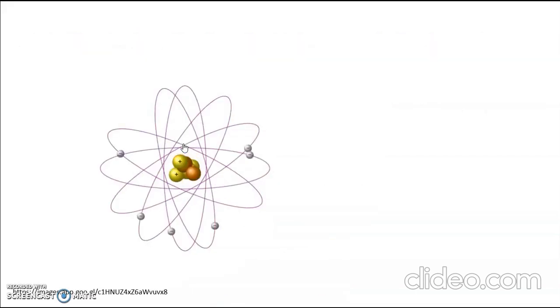Then, like electrons, protons and neutrons in the nucleus are also elementary particles. They also possess spin.